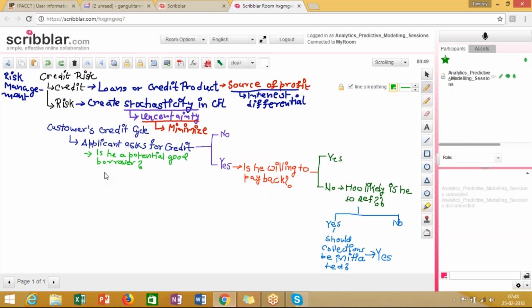Now, to address this, the model or the approach that the bank will take is y equals 1.